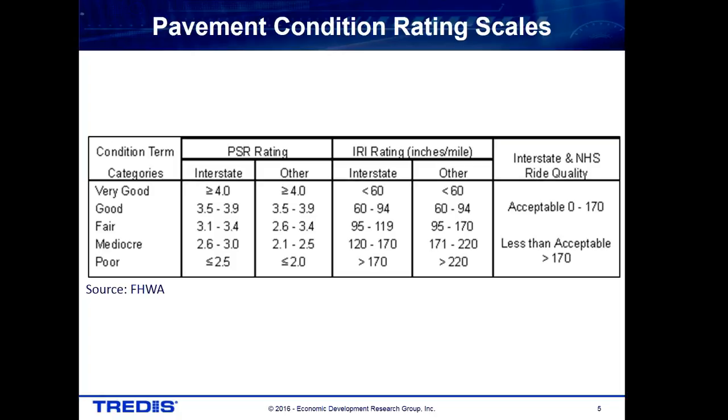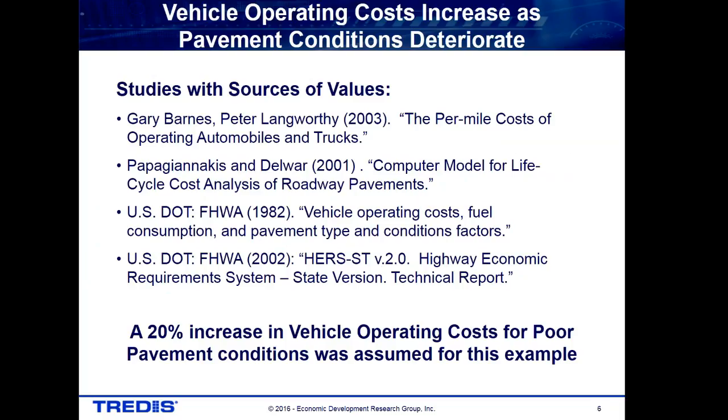The International Roughness Index is now the reporting standard for all states. In this example, we're defining good pavement as having an IRI of between 60 and 94 inches of deviation per mile, and poor as an IRI of 170 inches of deviation per mile or higher.